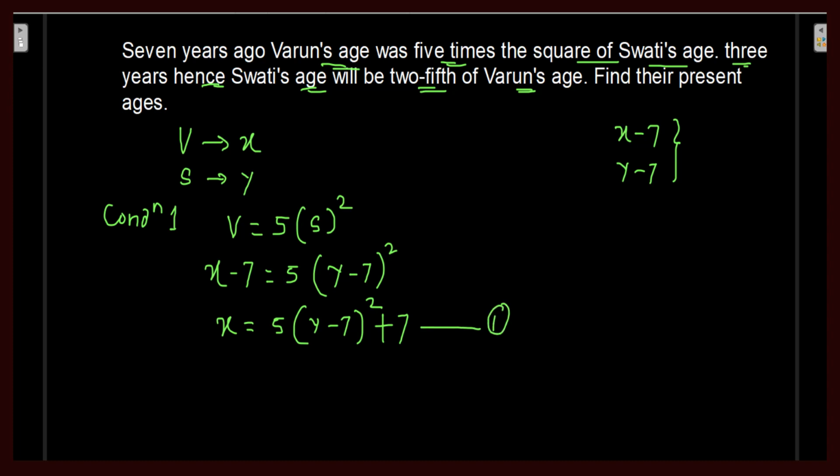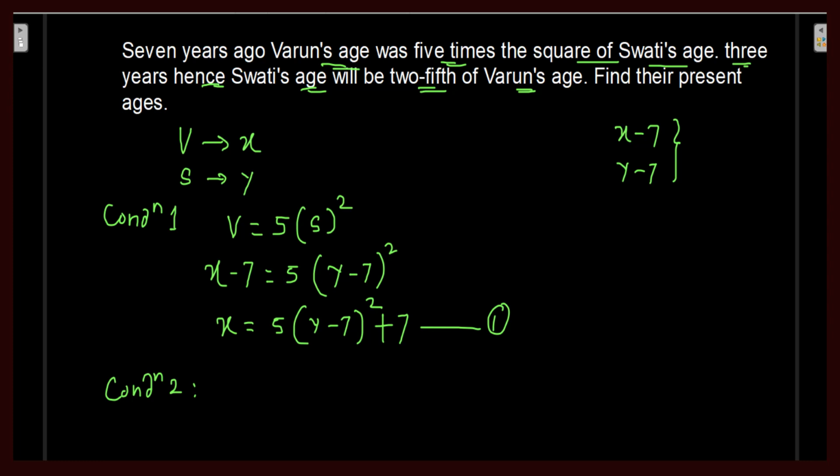Now we will see condition 2. Condition 2 states that 3 years hence Swati's age will be 2/5 of Varun's age. So 3 years hence, what will be the ages?